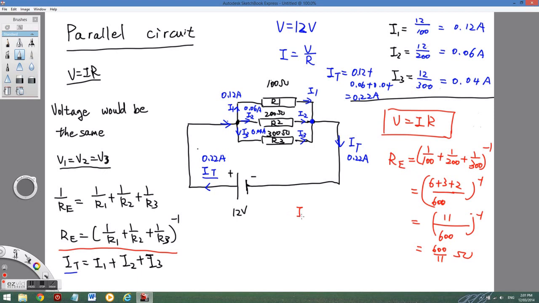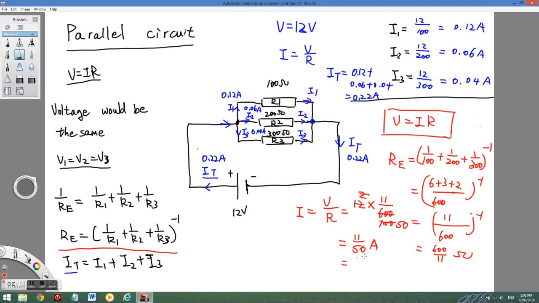Then use your equation V equals IR, so I equals V divided by R. I know this is not as easy as the previous question. However, you need to be able to do this with a calculator in the exam, for year 11 and year 12.